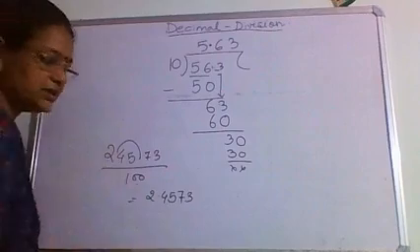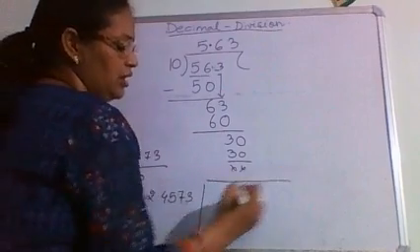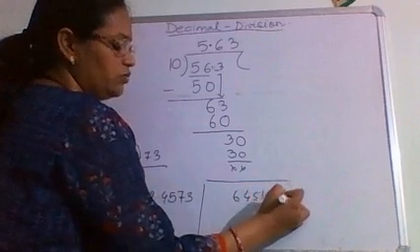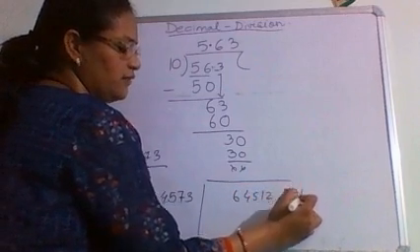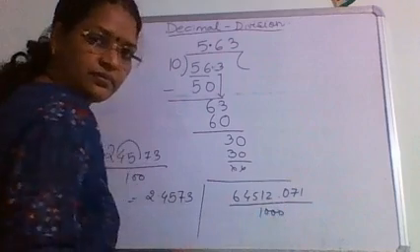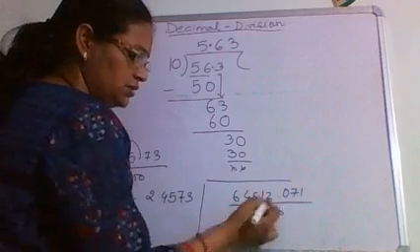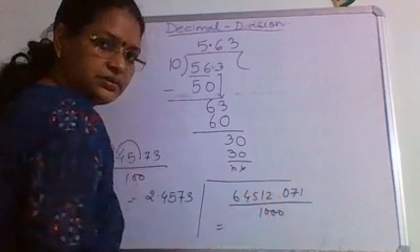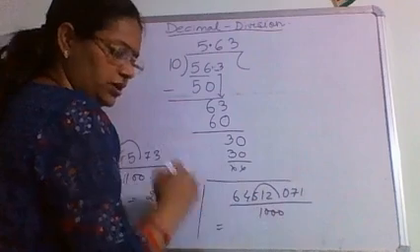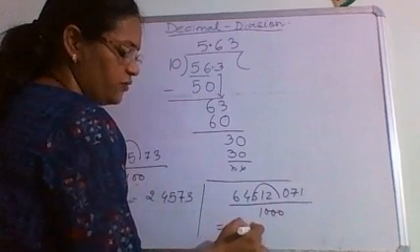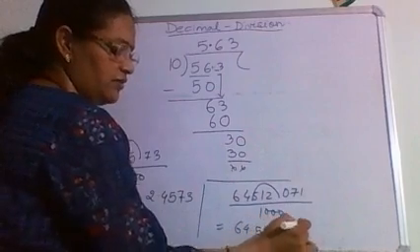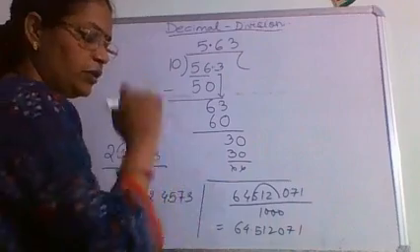One more example I can take. 64512.071 divided by 1000. How much? 3 places. So decimal will be shifted to the left over here. So 64.512071.